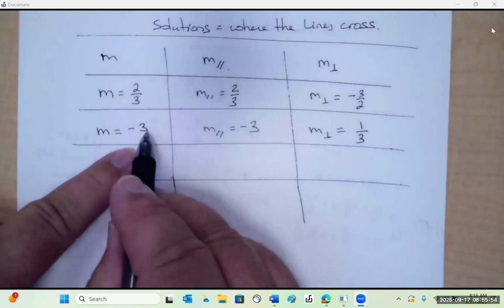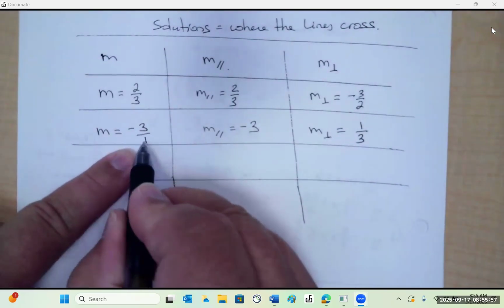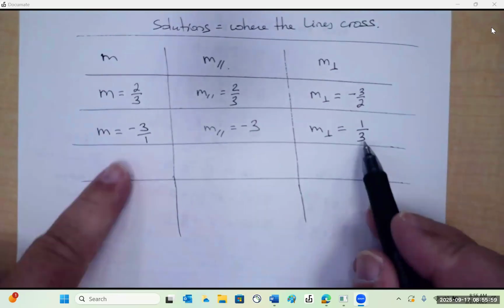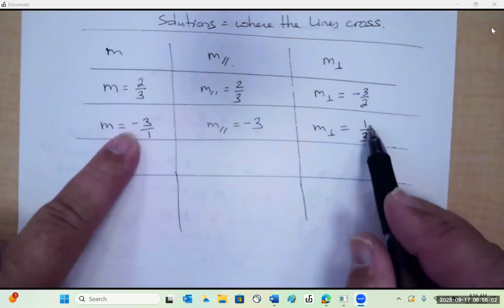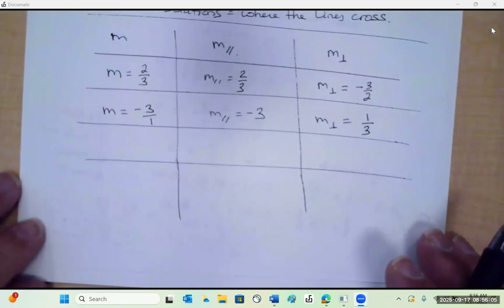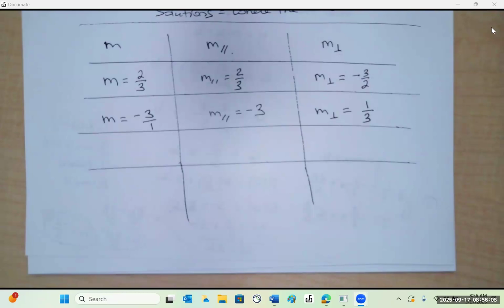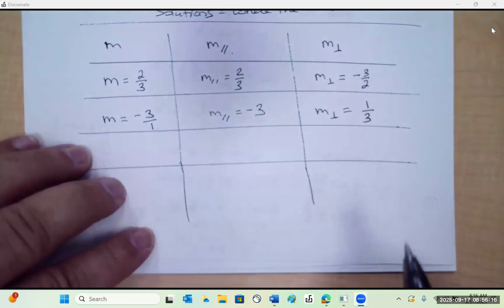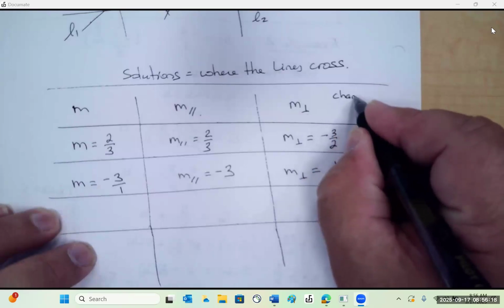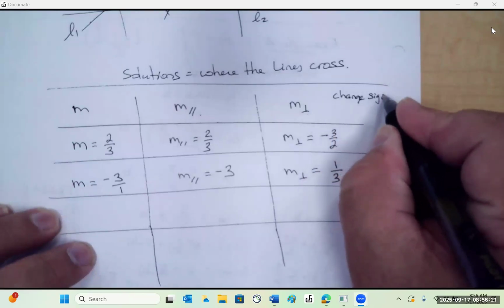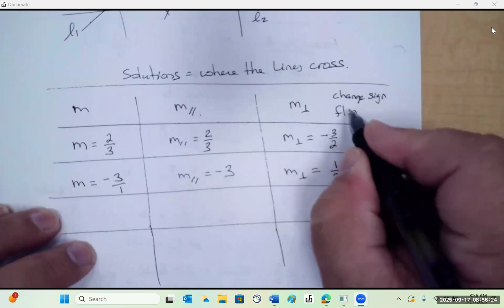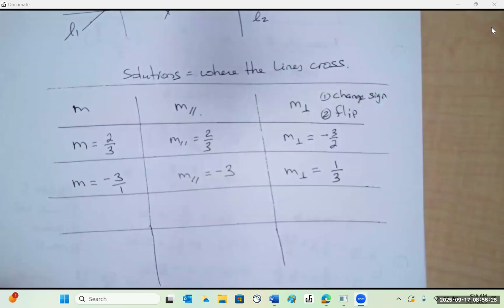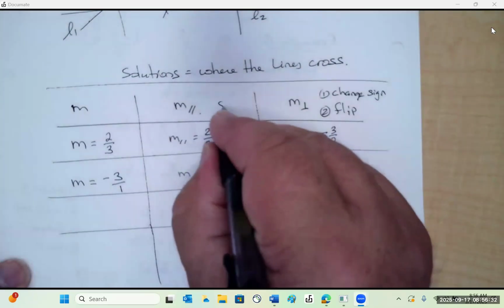Because -3 is actually a fraction. I changed the sign. This was going to be positive because this was negative, and I flipped the numbers. Everybody okay with that? If they're parallel, it's exactly the same. If it's perpendicular, we have to change sign and flip. If it's parallel, it's the same.